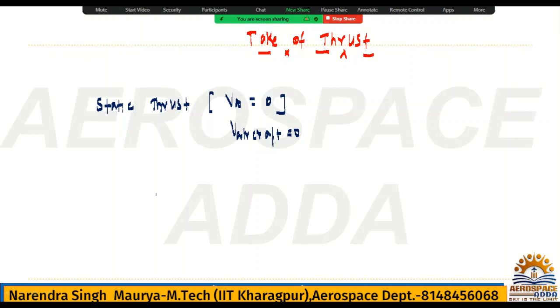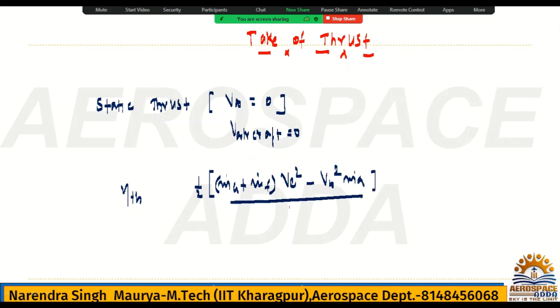So how to write this takeoff formula? You have thermal efficiency, which we had derived previously: eta th = 1/2 (m dot a + m dot f) times (Ve square minus V infinity square), into m dot a, if I am not wrong, divided by m dot f into hv.